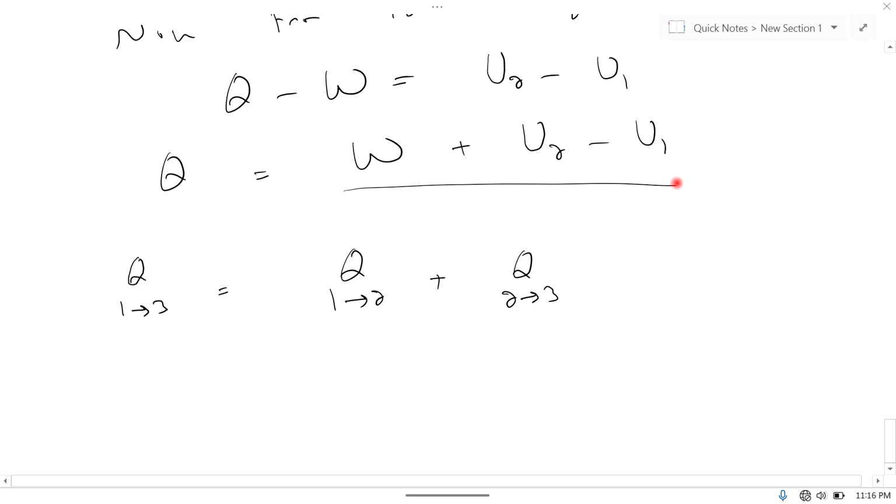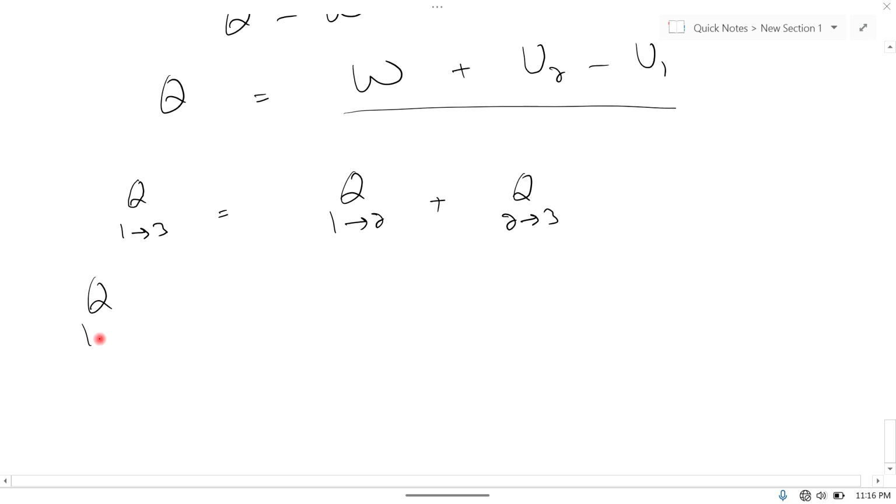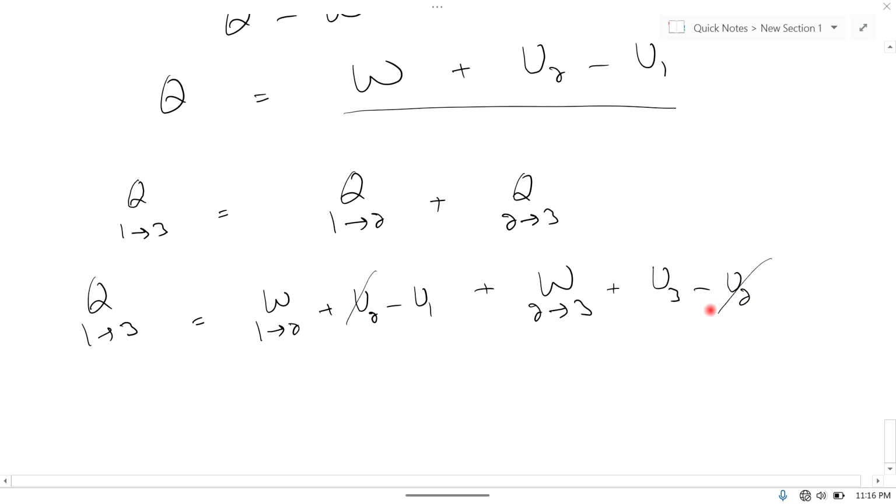Applying this law, Q from 1 to 3 is equal to W from 1 to 2 plus U2 minus U1, plus work done from 2 to 3 plus U3 minus U2. This is plus U2 and this is minus U2, so this will be cancelled. Work done from 2 to 3 is equal to 0 because volume is constant, V2 is equal to V3, and in a constant volume process work done is 0.